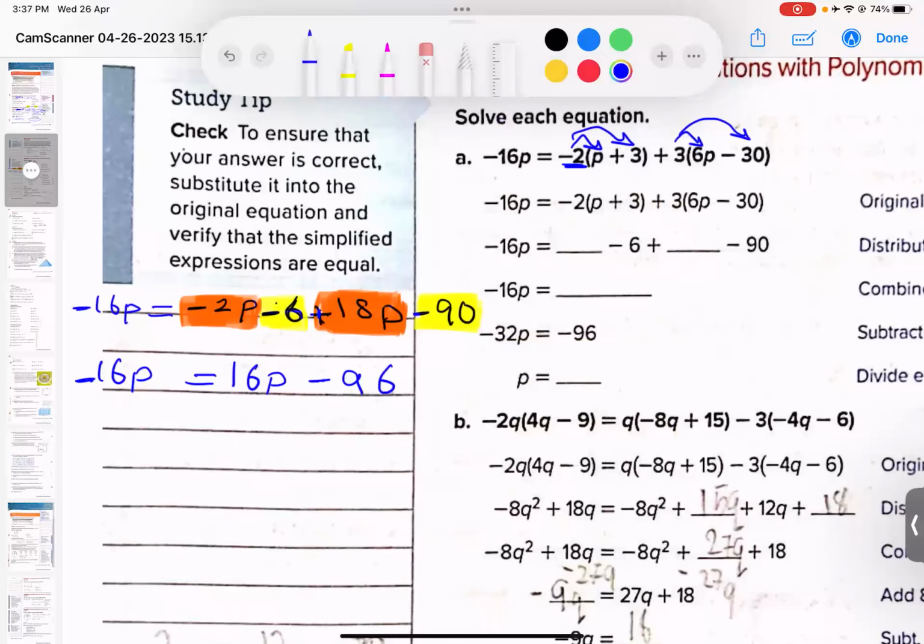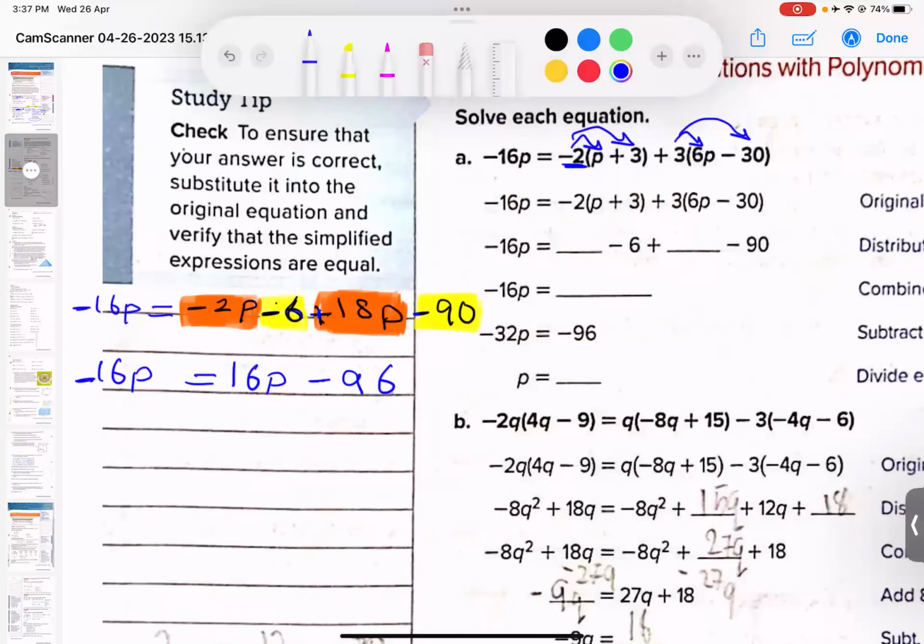Yeah. So right now, you have to rethink about it. You have to give yourselves time to think about it. I'm trying to isolate p by itself. So right now, I'm trying to move -16p to the other side, and -96 to be on the left-hand side.